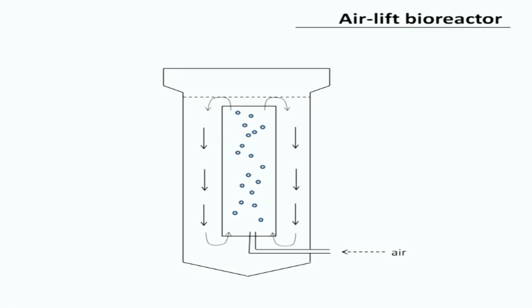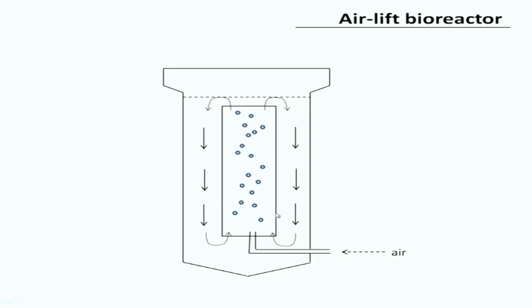The second common type that is used is what is called an air lift bioreactor. This schematic shows some important features of an air lift bioreactor. The main difference that you would immediately notice between a stirred tank bioreactor and an airlift bioreactor is that there is no stirrer here.